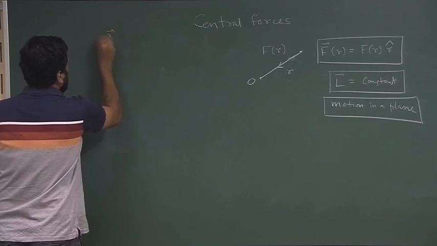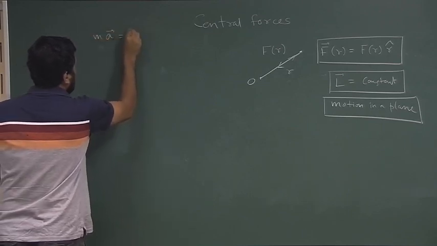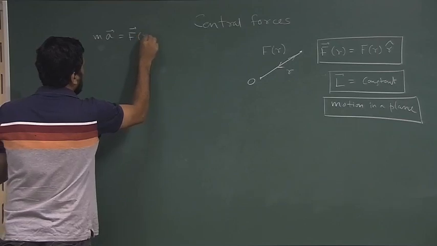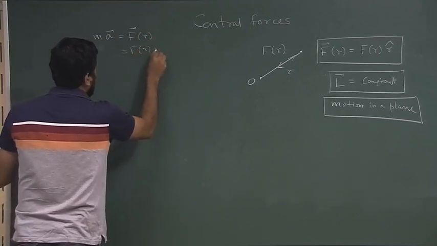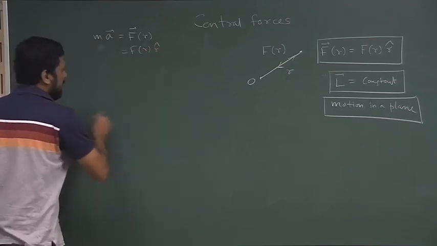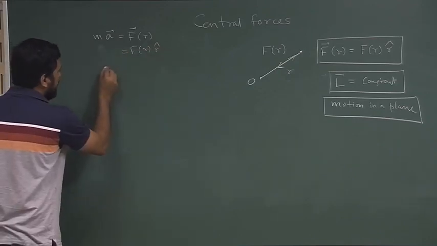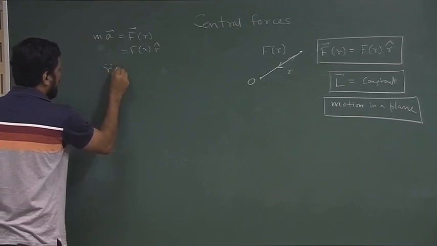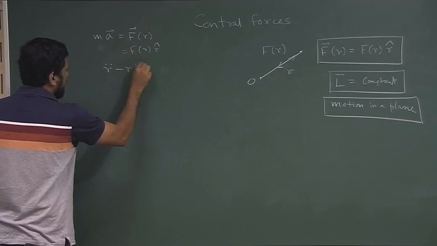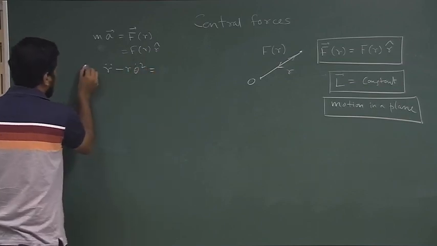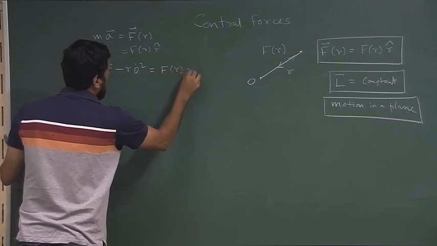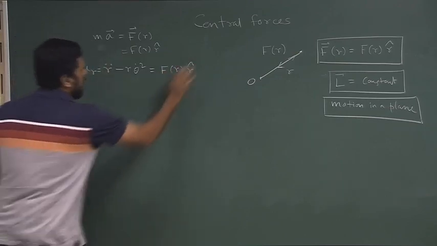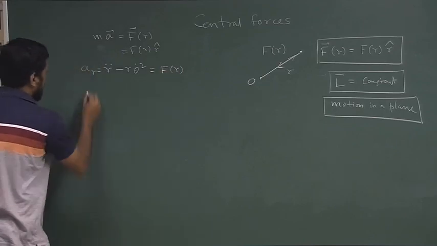The equation of motion is ma equal to f(r), which is f(r) r cap. So, if we go by the component form, we immediately see we have two equations: r double dot minus r theta dot square, which is a_r, equal to f(r). Here r cap is not needed because we are writing the component equation.